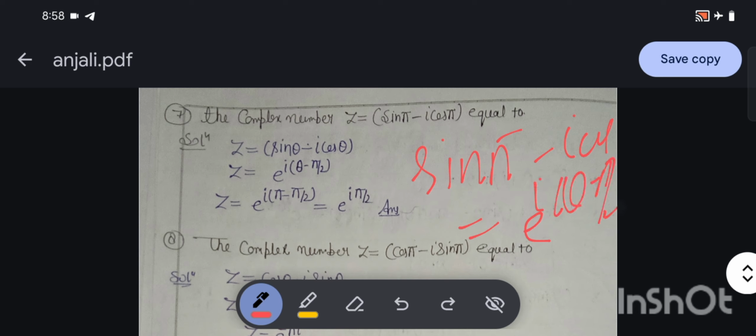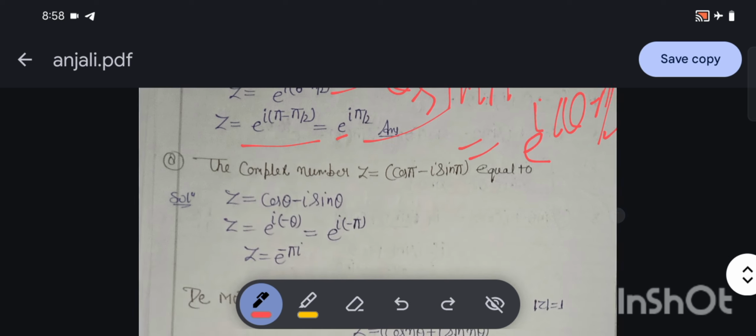Is it clear? And in this equation, what is the value of theta? Theta is equal to pi. Then we put the value of theta in this Euler's equation. So z is equal to e to the power iota pi minus pi by 2, which is e to the power iota pi by 2. Is it clear?